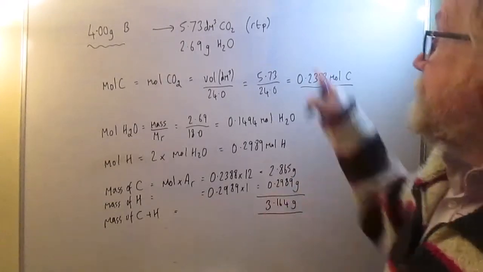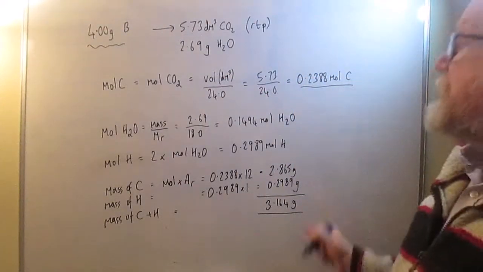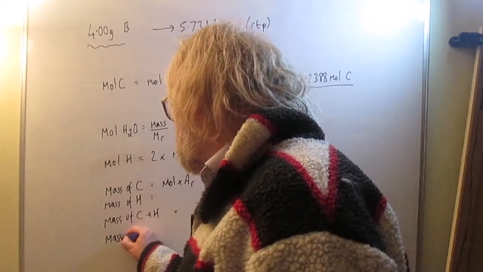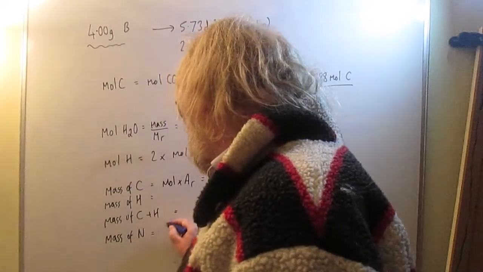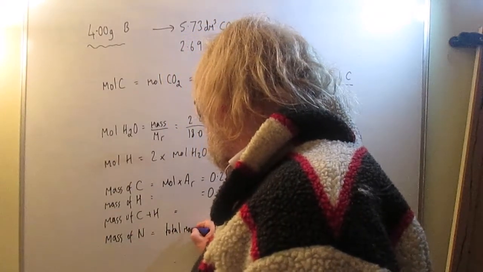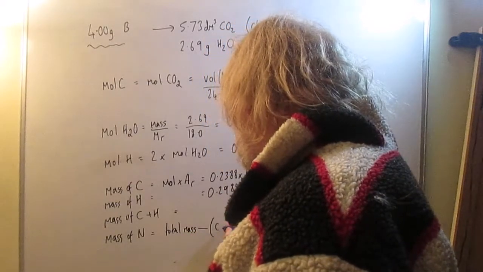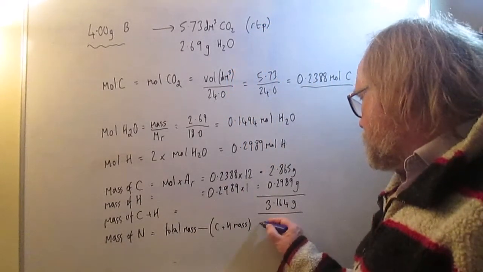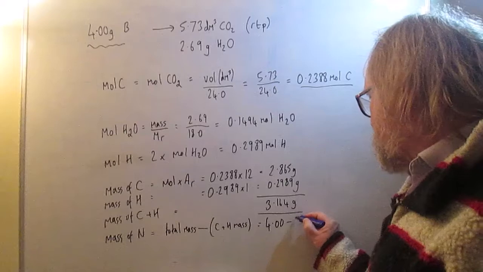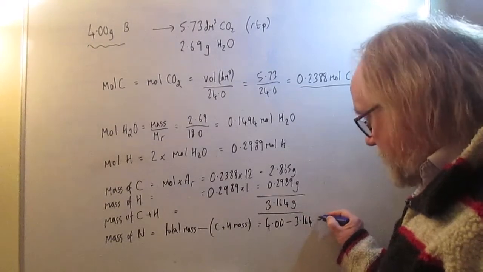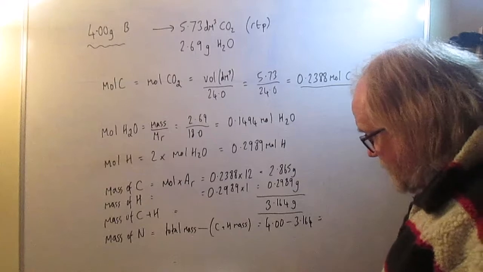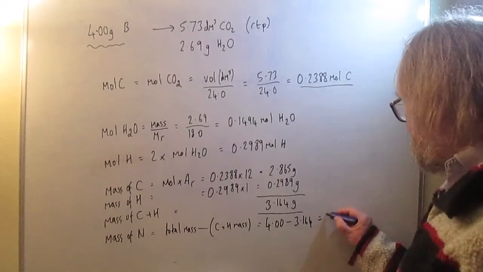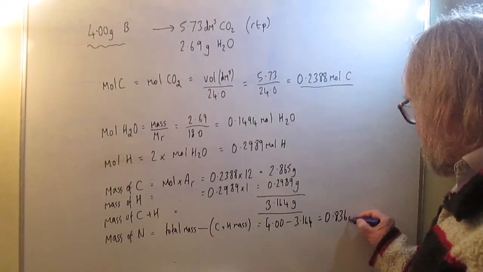So that comes out of this total of 4, and the difference between the 2 numbers is the mass of the nitrogen. So we can get the mass of the nitrogen is equal to the total mass minus the carbon plus hydrogen mass, which is 4.00 minus 3.164, which comes to 0.836 grams of nitrogen.